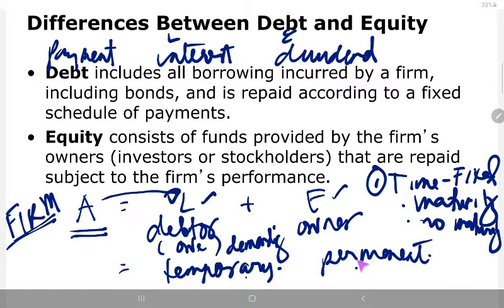Kasi nga permanent type of relationship. Bakit mas demanding si debtor kesa kay owner? Because when it comes to liquidation, in terms of bankruptcy, who has the priority when it comes to payment? The debtor, hindi si owner.